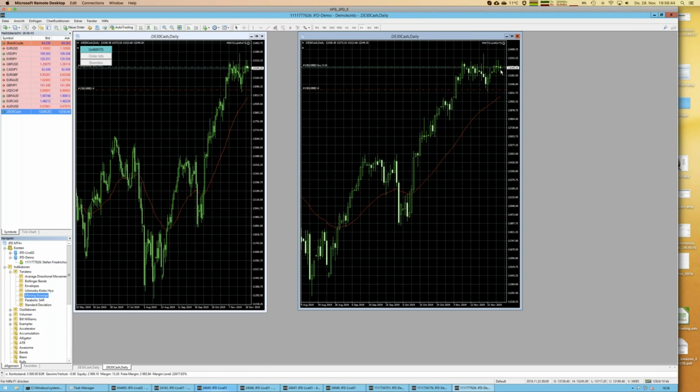We will have an open which is above the EMA. It would be strange if we would lose that amount of points here overnight. Nothing is impossible, but anyhow, I will assume that I open tomorrow a long trade, and yeah, that's the logic for tomorrow.